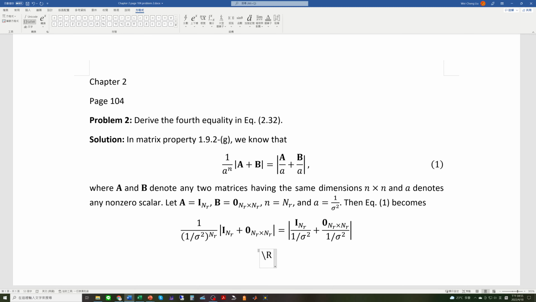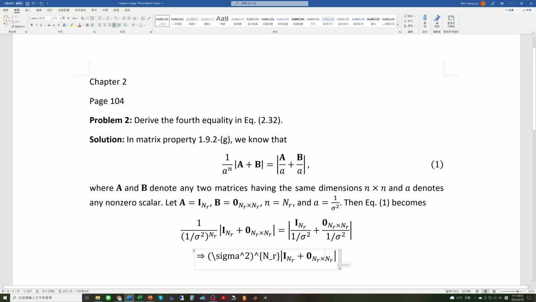Then it applies that sigma square to the power of nr times the determinant of I_nr, where the zero matrix term can be cancelled, is equal to the determinant of sigma square times I_nr, as the sigma square can be moved to the numerator.